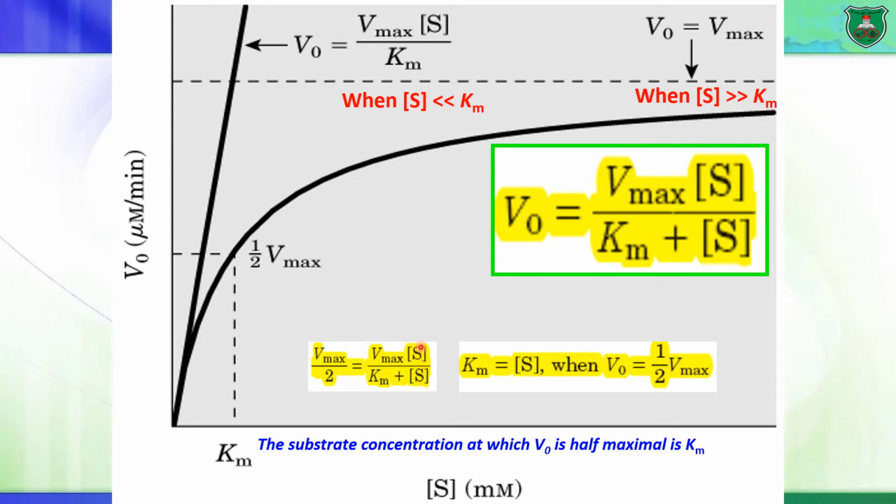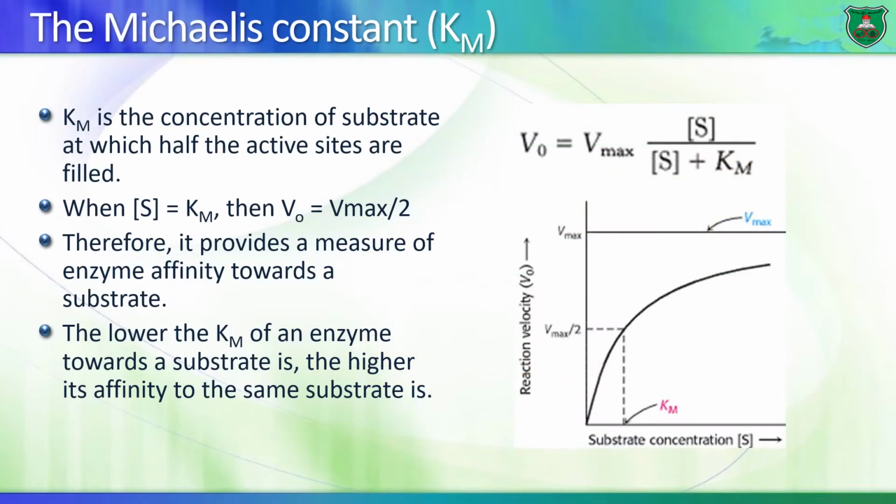So what you have in here is 99 over 100, which is almost 1. So basically, the velocity of the reaction would be close to Vmax. Now, Km is also known as the Michaelis constant. So it's constant for any specific enzyme.